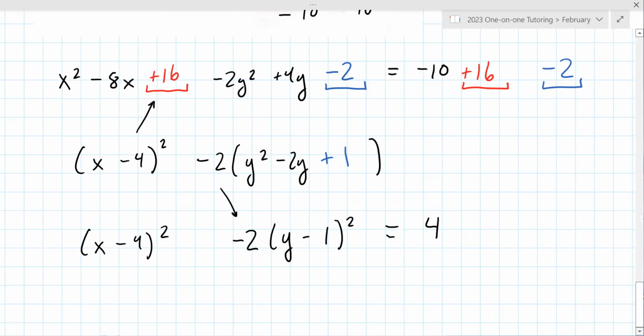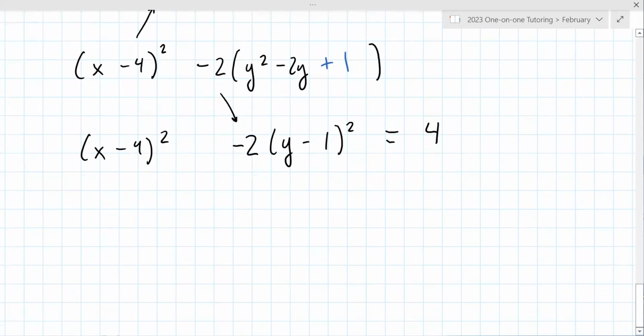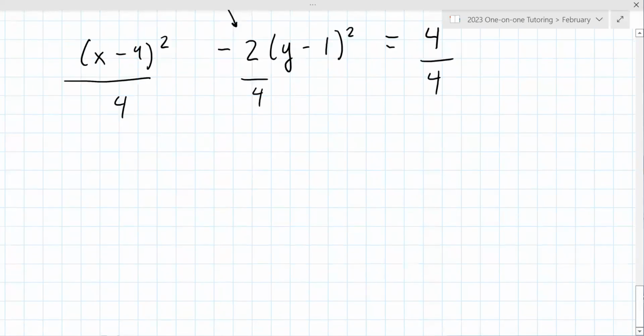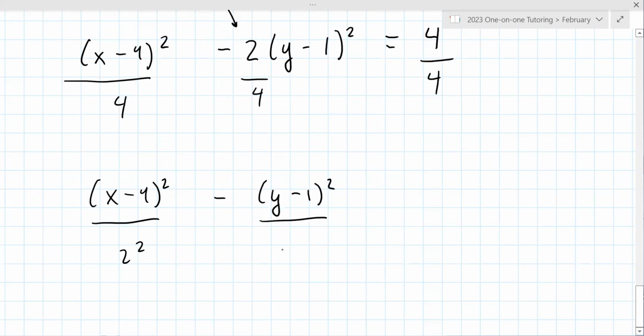Okay. Now this is the point where it's like, all right, well, what is it? There's a subtraction operator. So that's a pretty good indicator that it's a hyperbola. Right. And hyperbolas always have 1 on the right, so you're going to divide both of these by 4. You have x minus 4 squared over 2 squared minus y minus 1 squared over, now it's really 2 on the bottom, but I'm going to write it this way, square root of 2 squared equals 1.